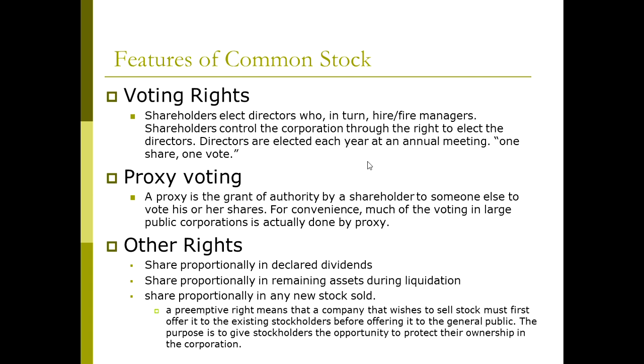The reason there are preemptive rights is, for example, there are 200 shares outstanding for a stock. You purchased all 200 of them, so you have 100% control of the company, right?